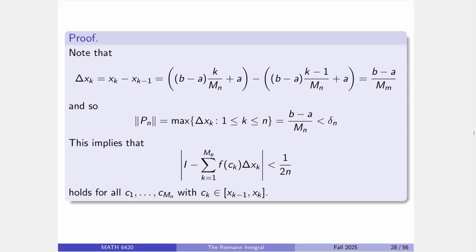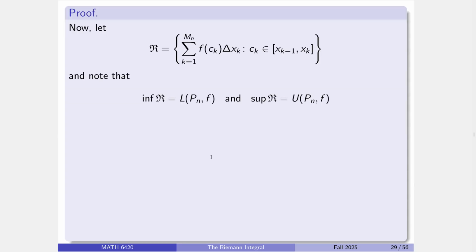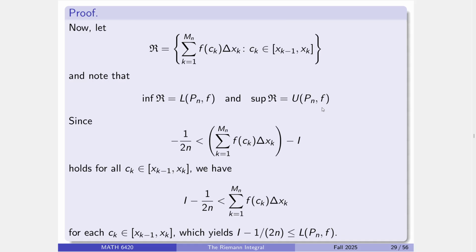It's uniformly spread out, so now I'm going to show the upper and lower Darboux sums are behaving nicely. To make that work, of course, let R be the collection of the Riemann sums on this partition P that I've created. Recall that the Darboux sums are in fact the infimum and the supremum of these things. By construction, we noted that I is within 1 over 2 to the n of this thing, so when I look at this difference, that's bigger than negative 1 over 2 to the n.